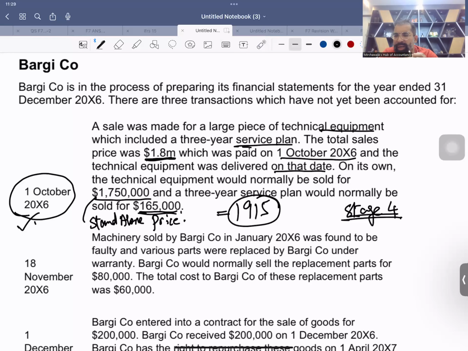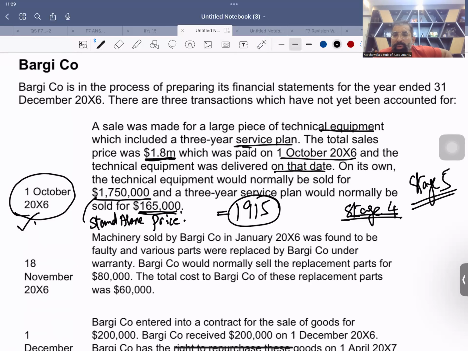First you need to apportion the total price between these two performance obligations on the basis of standalone prices. And the next stage is stage 5. Once you have done the apportionment, the next stage is to book revenue.